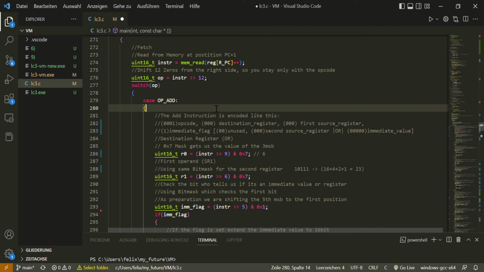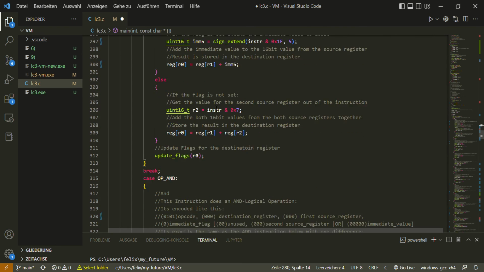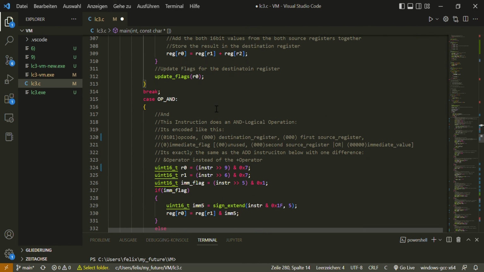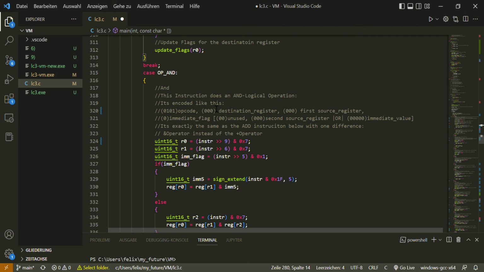When you understand it one time, it's very easy. With the basic understanding of the concepts, it's very easy to understand the other instructions. I don't want to go into every other instruction in detail, because this would cause a video length of 1 hour or something.